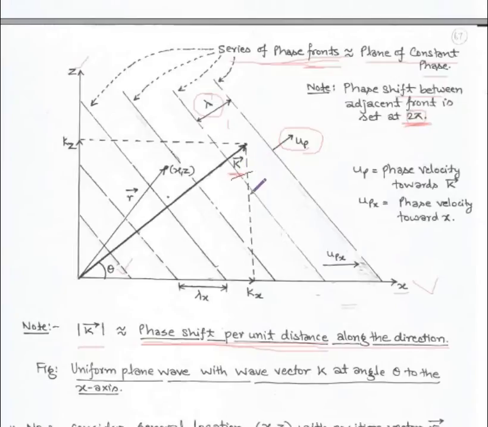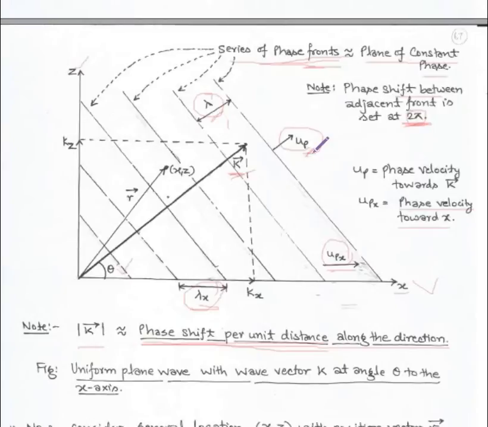Now along the x-axis, the phase velocity is denoted by u suffix px and has a wavelength lambda suffix x. And from the geometry of these wavefronts, the wavelength along x is greater than the wavelength along k vector. Similarly, the phase velocity towards x is also greater than the phase velocity towards k vector. So this is a surprising result which is obtained in oblique incidence.